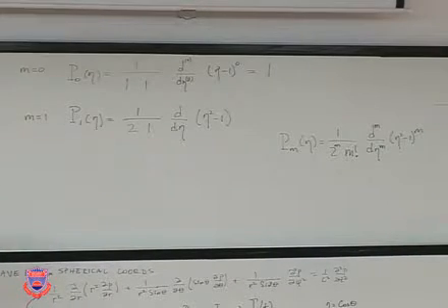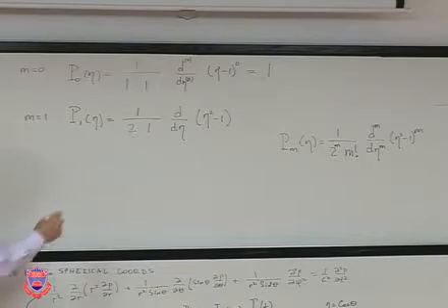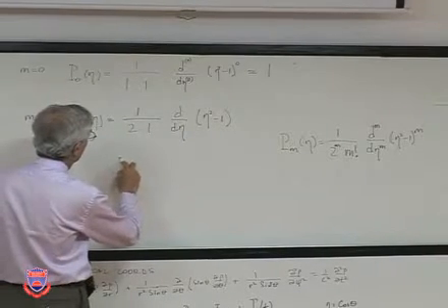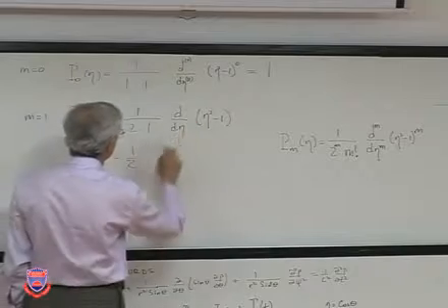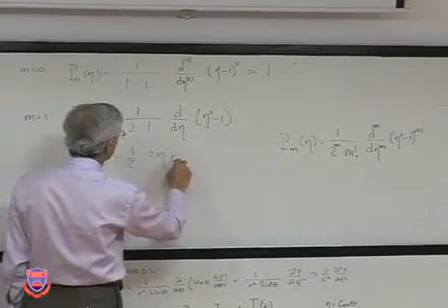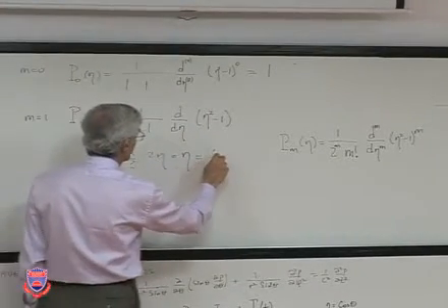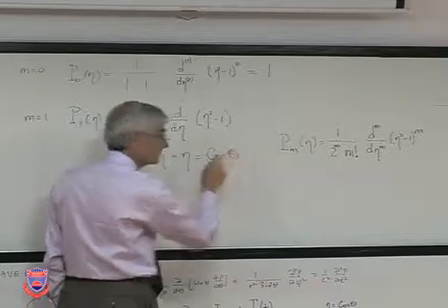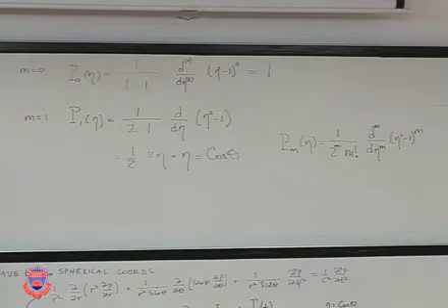Okay, what does that give us? If you take a derivative of this, easy. You can see now it just comes out very easily, okay?